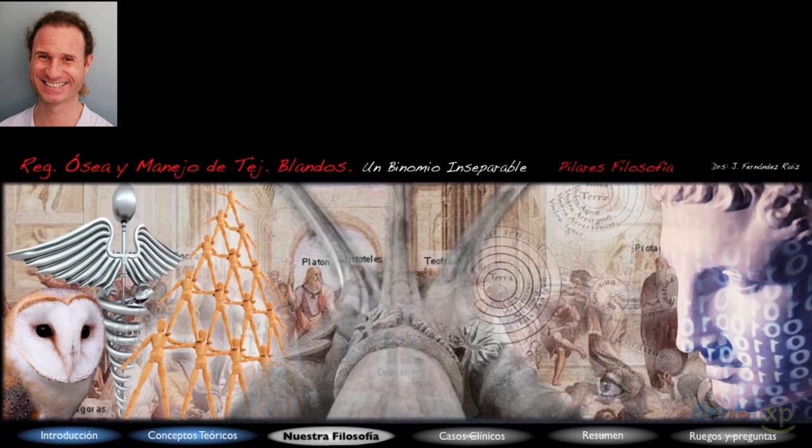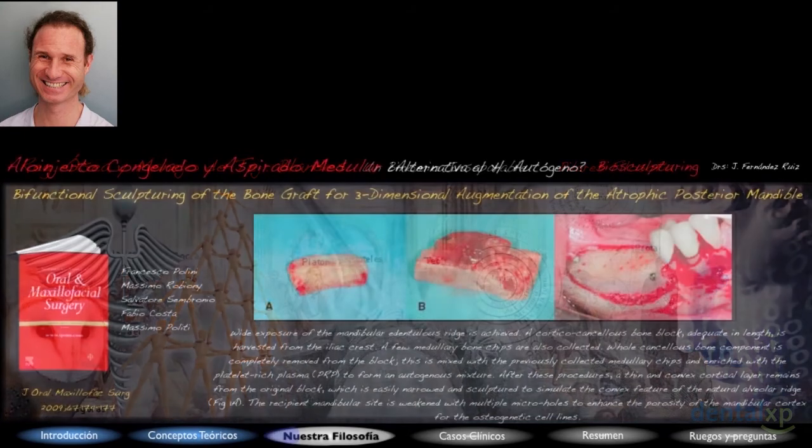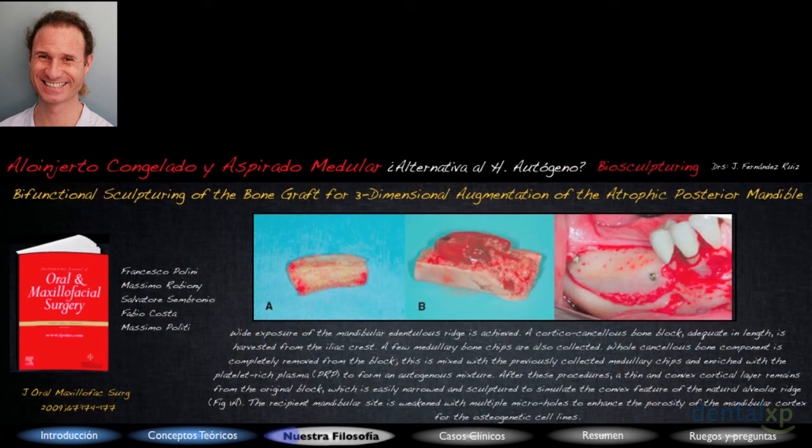And talking about my philosophy in the management of all the techniques that we have seen today, there is a concept that I like, and it is called bifunctional sculpturing of the bone graft for a three-dimensional augmentation of the atrophic posterior mandible.